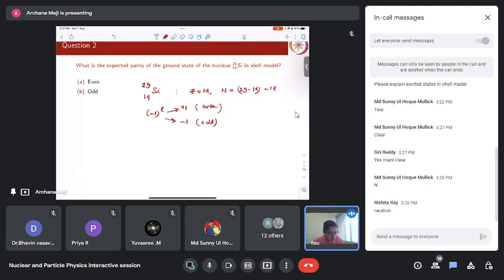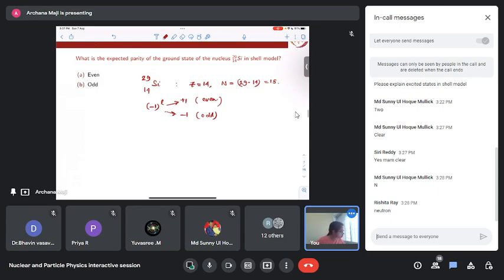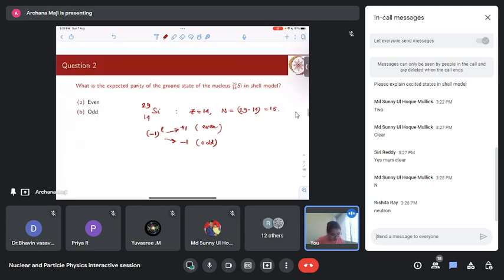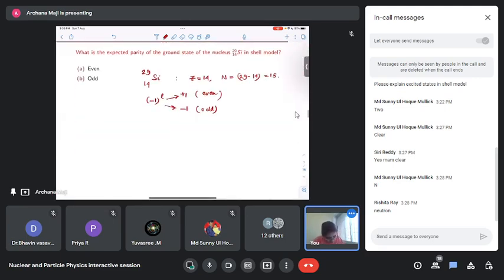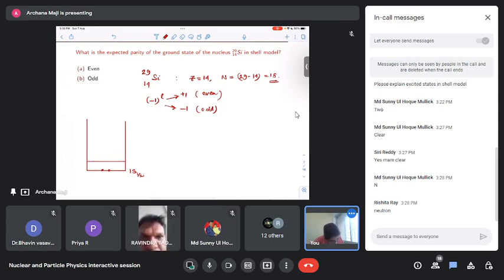So let us look at how the nuclear shell model looks like for silicon. Let me draw it. First is 1s half. It contains two neutrons. Then 1p 3 half, so there will be 4 neutrons. 1p half contains 2.